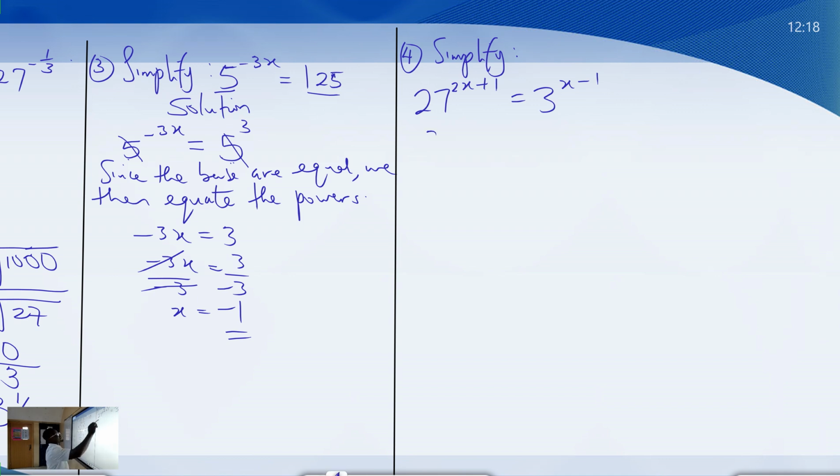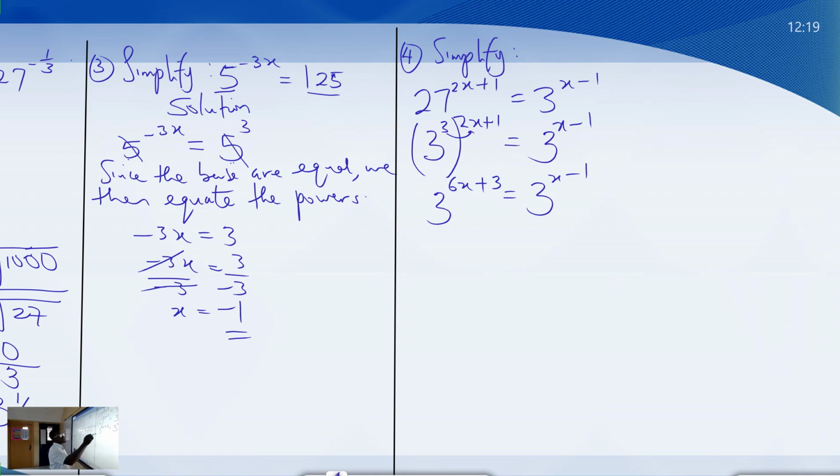So we can rewrite 27 as 3 raised to power 3. That represents 27. Put it in bracket. The power remains there, 2x plus 1 equals 3 raised to power x minus 1. So according to double index law, these 3 can multiply this index out. So we can have 3 raised to power 6x plus 3 equals 3 raised to power x minus 1.